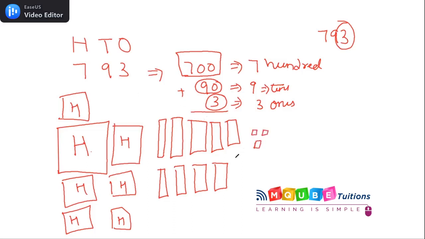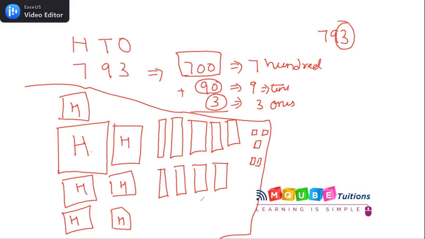Yes, they're super small. So if you see a block structure like this, will you be able to tell which number it is? Okay, suppose I get 2 more ones.